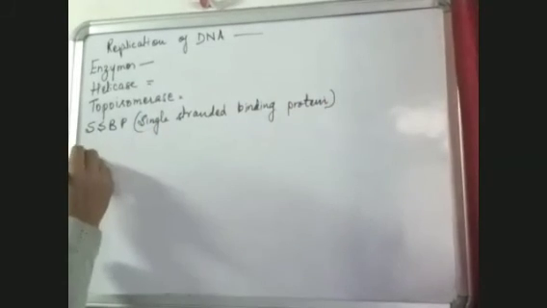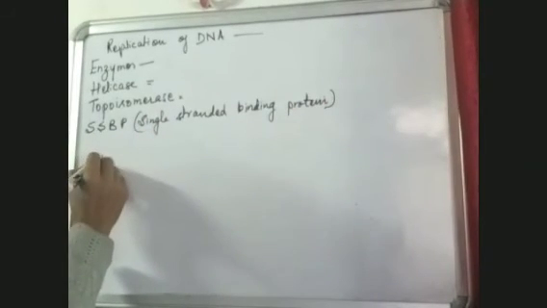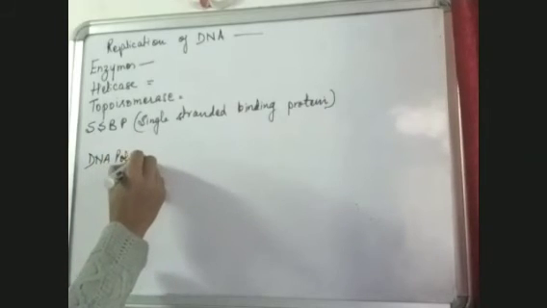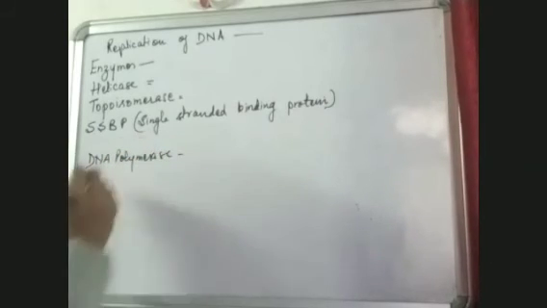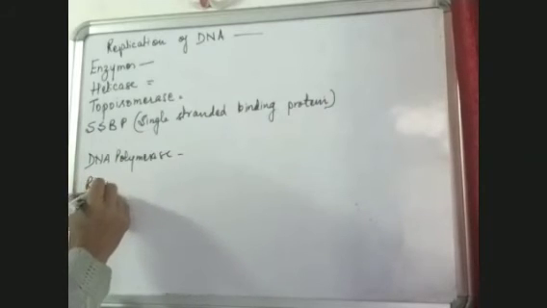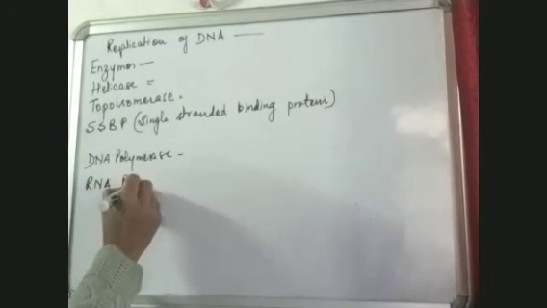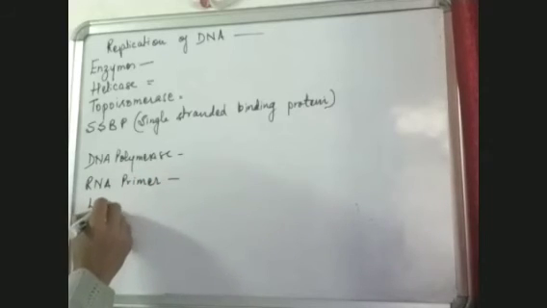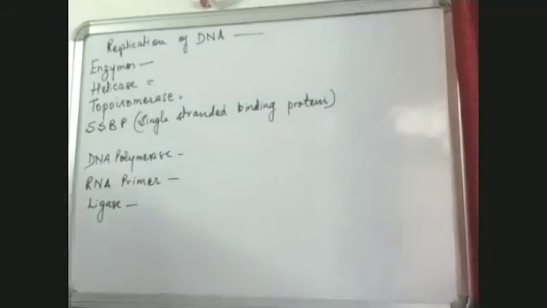Then we have DNA polymerase. And then we have primer, RNA primer. And after RNA primer, we have ligase. So these are the most important enzymes required for the process of replication.